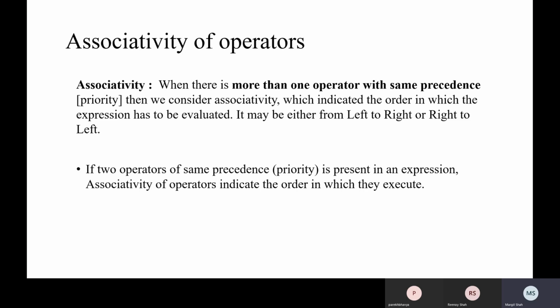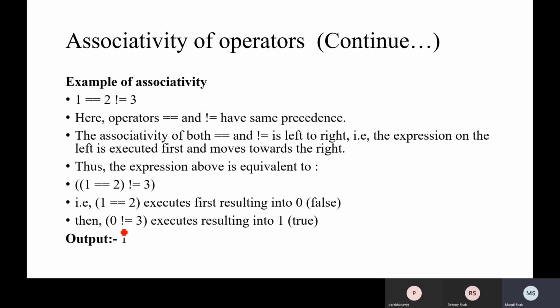That is the associativity. So here we have an example like 1 equal to 2 not equal to 3. These two, equal to and not equal to, are relational operators with the same precedence. So which will be executed first? The associativity of both is left to right.